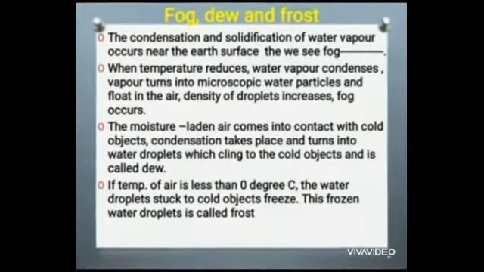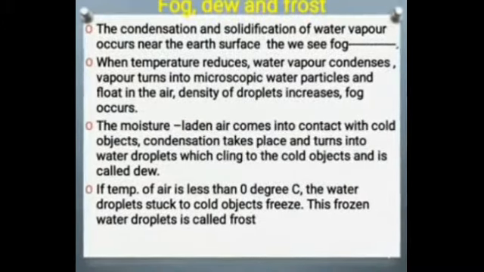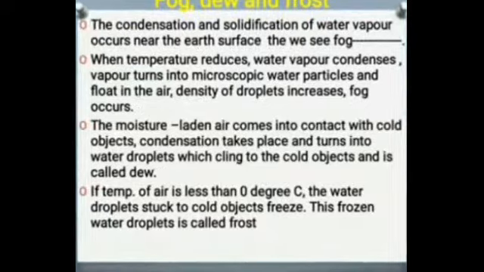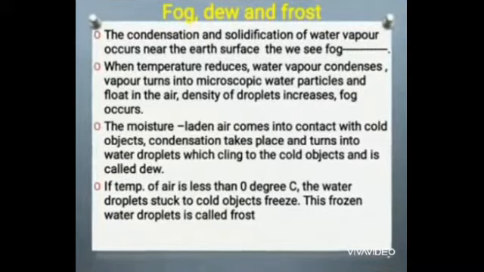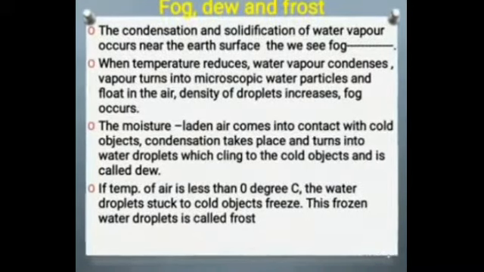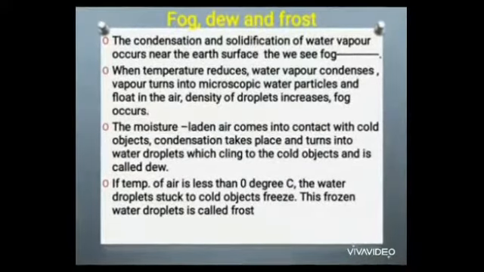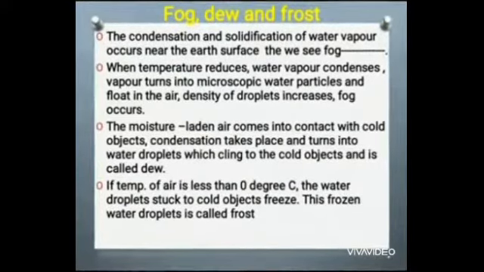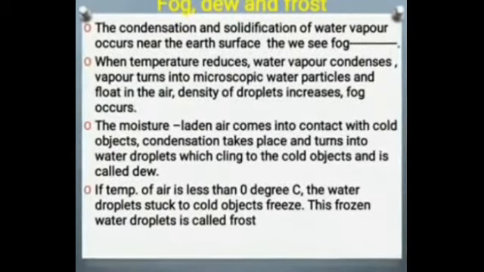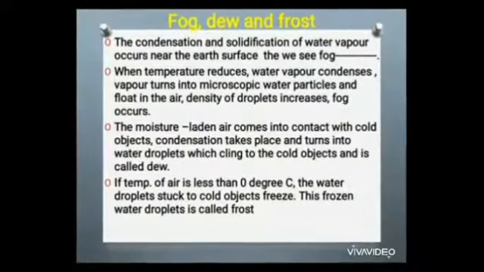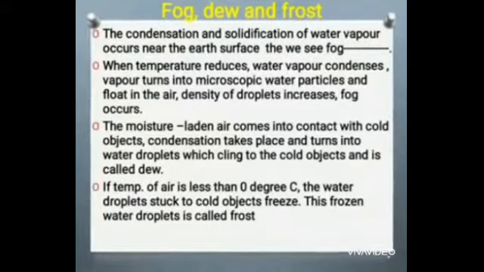When moisture laden air near the Earth's surface comes in contact with very cold objects, condensation of the vapor takes place. They turn into very small water droplets. These water droplets stick to the surface of the cold objects. This is called dew.